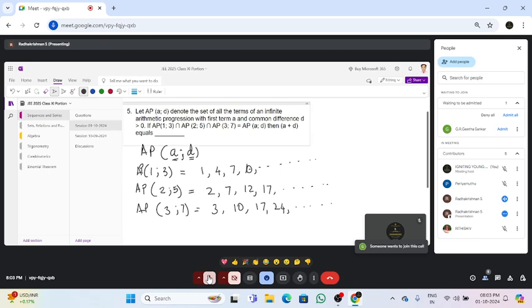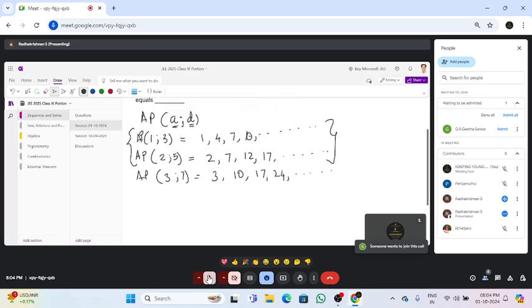Instead of taking the intersection of all three together, we can take the intersection of the first two only. These two series will give the intersection series. Then we will take the intersection of that series and the third series. To make it easier, we break it down into two simpler steps.